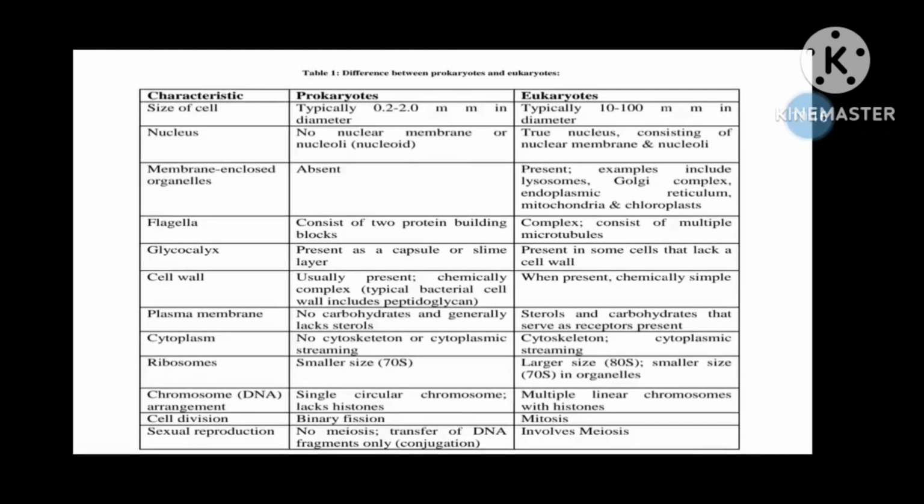Next, plasma membrane. In prokaryotic cells, no carbohydrate and generally lacks sterols. But in eukaryotic cells, sterols and carbohydrate serve as a receptor. Means a distinct plasma membrane is present in your eukaryotic cell that is made up of carbohydrate and sterols.